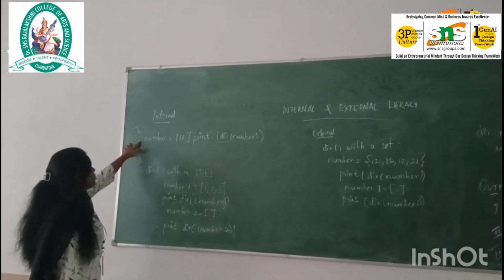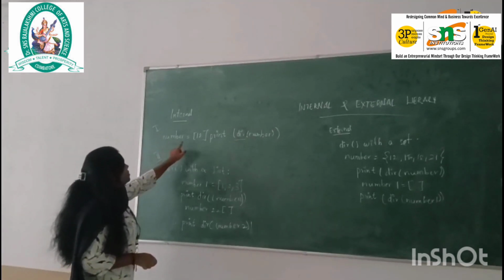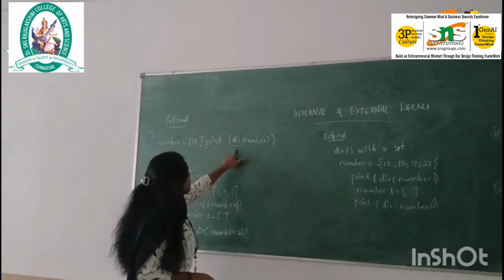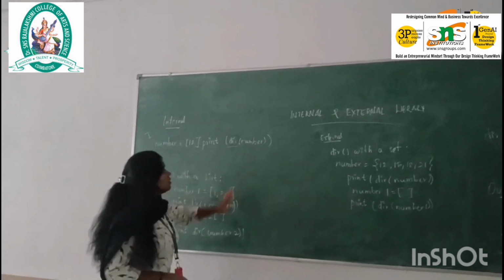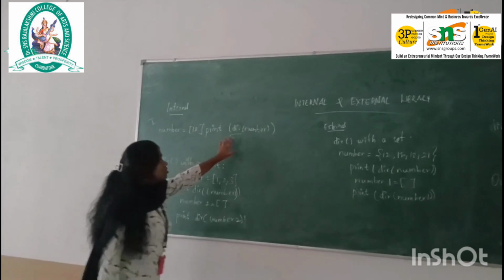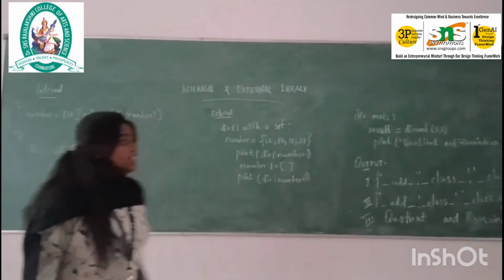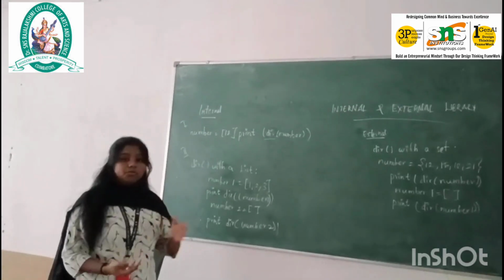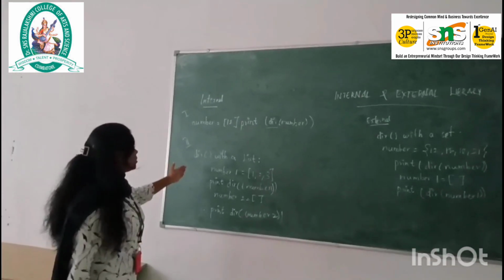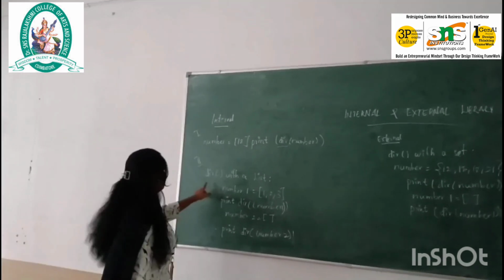The first program we are going to see is about numbers, where number is equal to 12, and print dir of number. Now we printed dir, which shows the attributes such as add, class and get item. Now I am going to explain the next program, which shows the list as an internal type.